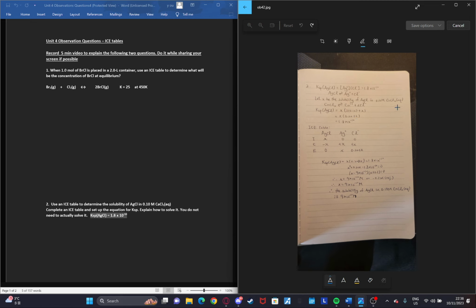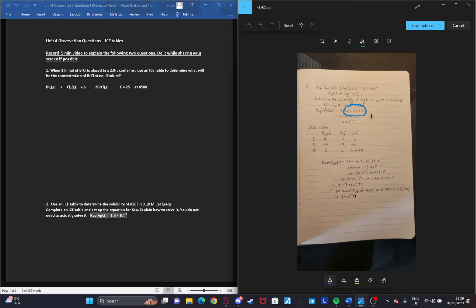And to add in the CaCl2, there are extra chloride ions in the CaCl2, so therefore we have to add extra stuff to the chloride concentration. You can find the extra concentration of chloride from 0.1 M by multiplying by 2 because the mole ratio is 1 to 2, so 0.1 times 2 equals 0.2 M, and then we add it to the x.